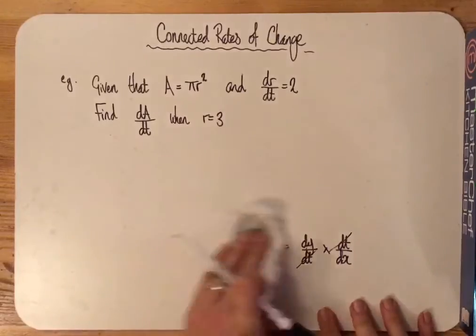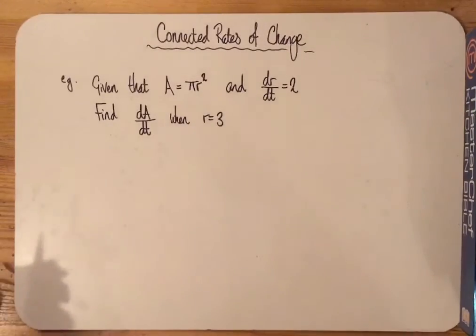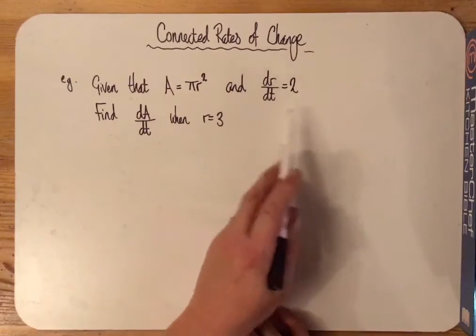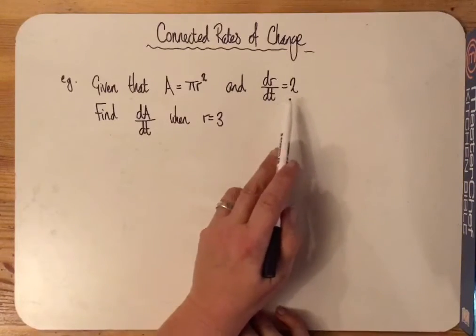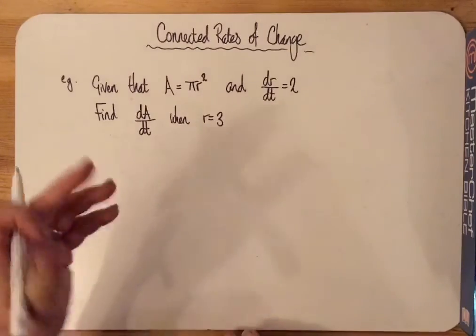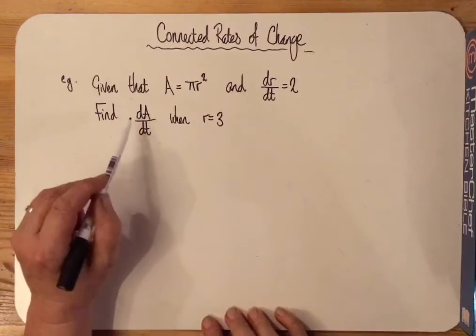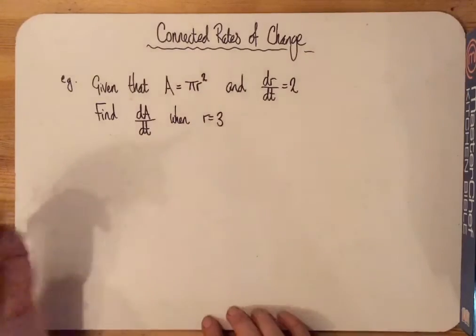That's all we're using. So this example here, A is pi r squared and dr/dt is 2. This is your rate of change. This is how quickly the radius is changing with respect to time. But we'll come into this as we go on. And we want to find how quickly the area is changing with respect to time when r is equal to 3.